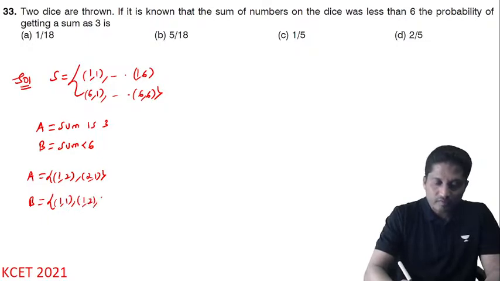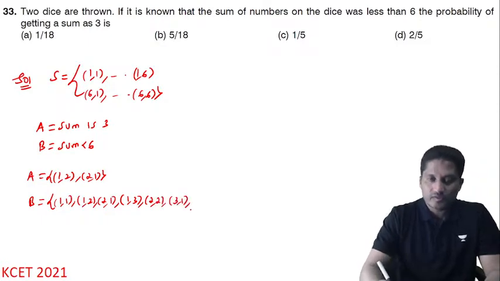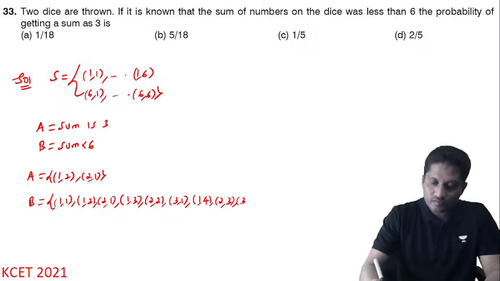Sum is 3 is 1 comma 2, 2 comma 1. Alright, sum is 4: 1, 3, 2, 2 and 3, 1. Sum 5 will be 1, 4, 2, 3, 3, 2 and 4, 1.